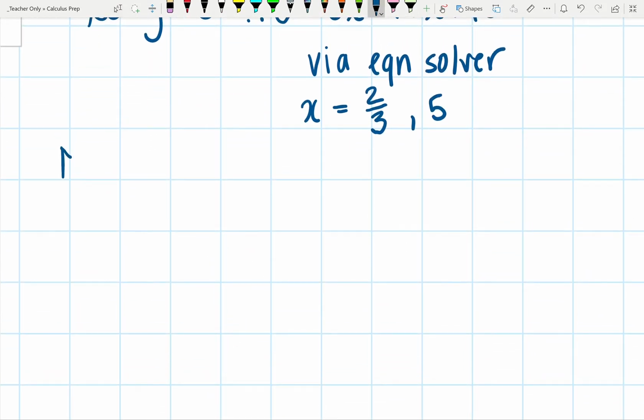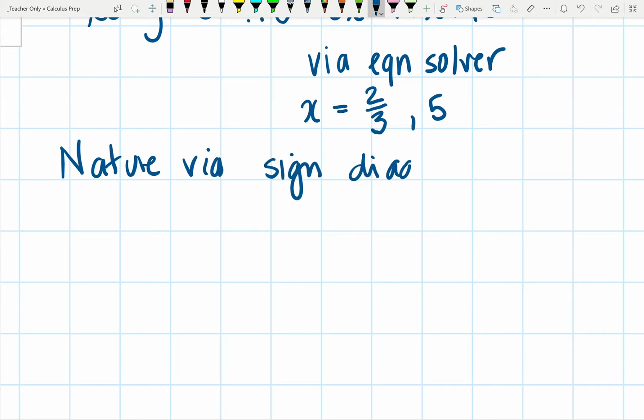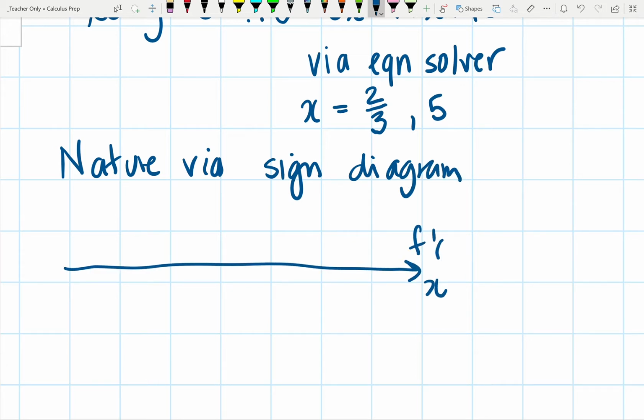All right, so let's test the nature via a sign diagram. So it's a sign diagram of the derivative, which means my critical points are 2/3 and 5.